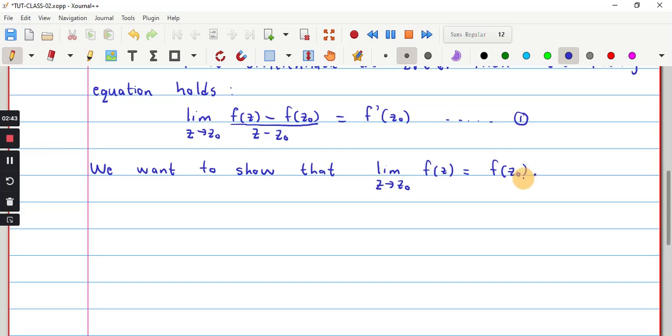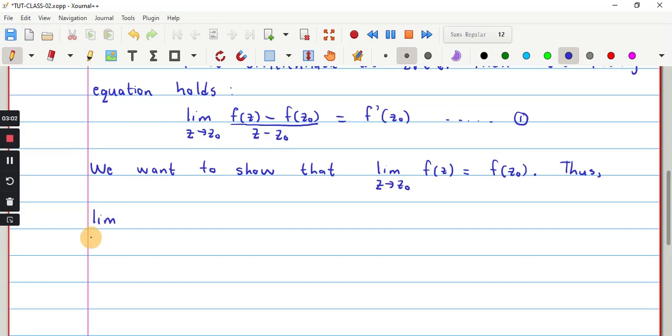If we can prove this, then it's guaranteed that f is continuous at the point z0. So now let's start trying to prove this.